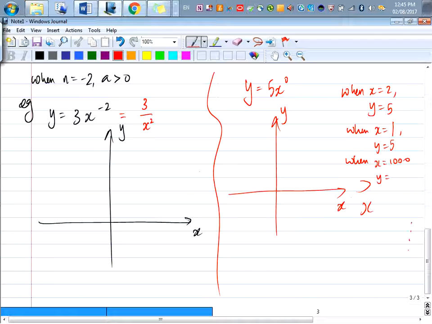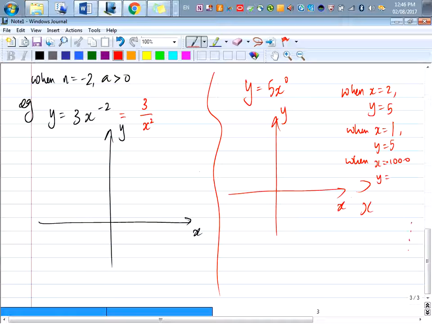Okay? Then let's say x is equal to 1000. Let's just change it a little bit. Let's make it negative 1000. What is negative 1000 to the power of 0? Are you sure not, Afiq? Negative 1000 to the power of 0. Did you put the brackets? So what is negative 1000 to the power of 0?